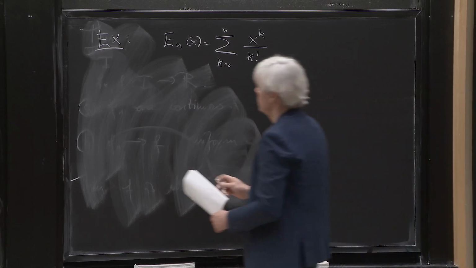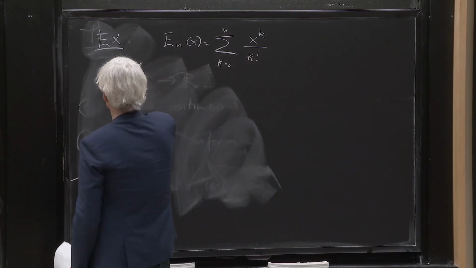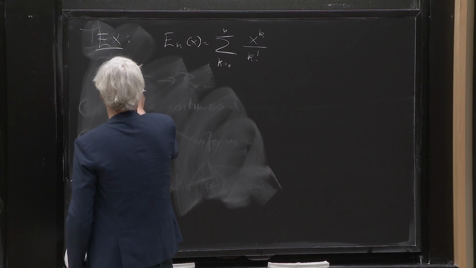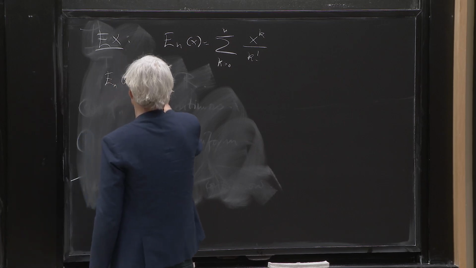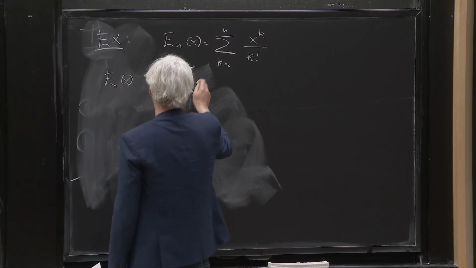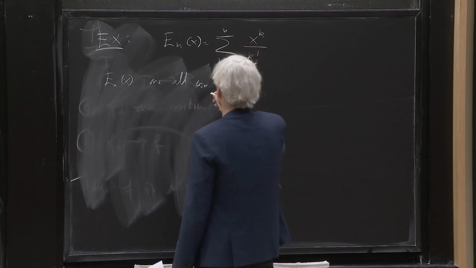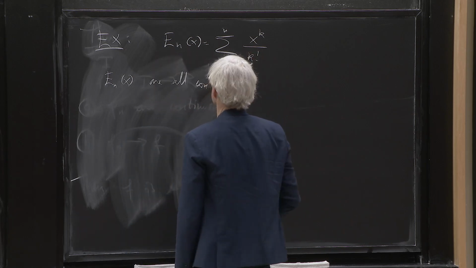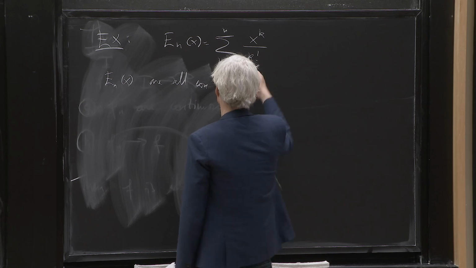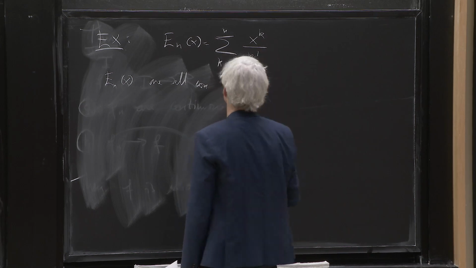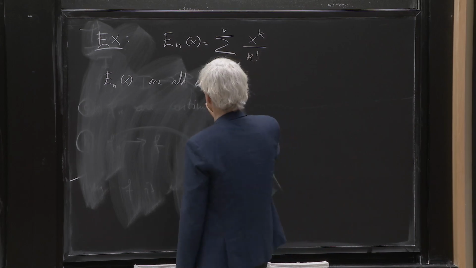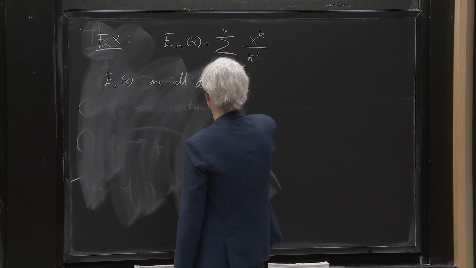Then the x_n of x are all continuous. They are sums of polynomials. Actually, they are sums of what are called homogeneous polynomials, but they are themselves polynomials, so they are all continuous.